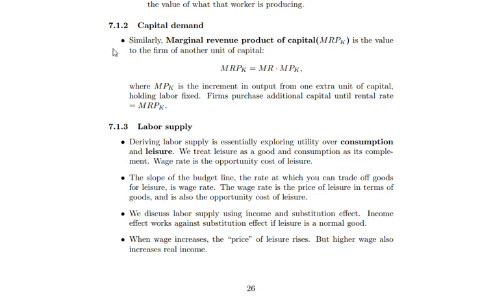Now let's talk about capital. Similarly, the marginal revenue product of capital is the value to the firm of another unit of capital. So basically MRPK equals marginal revenue times the marginal product of capital, where the marginal product of capital is the increment in output from one extra unit of capital, holding labor fixed.